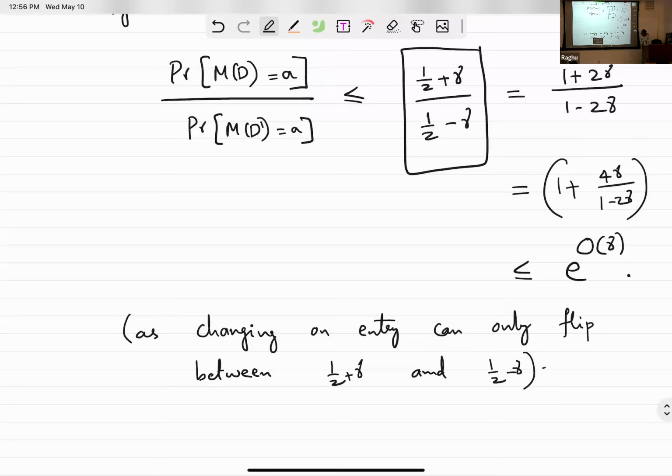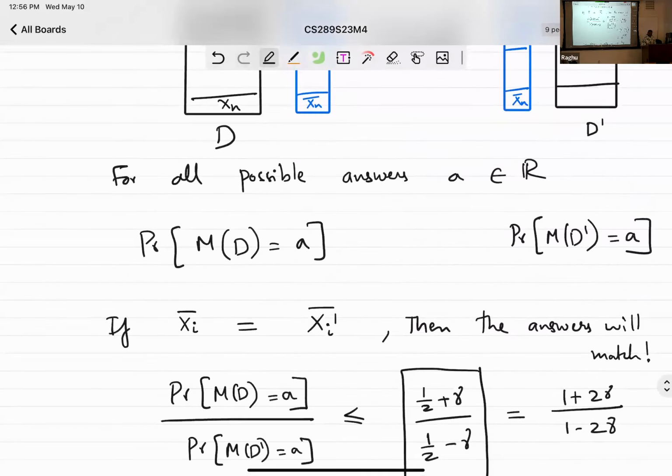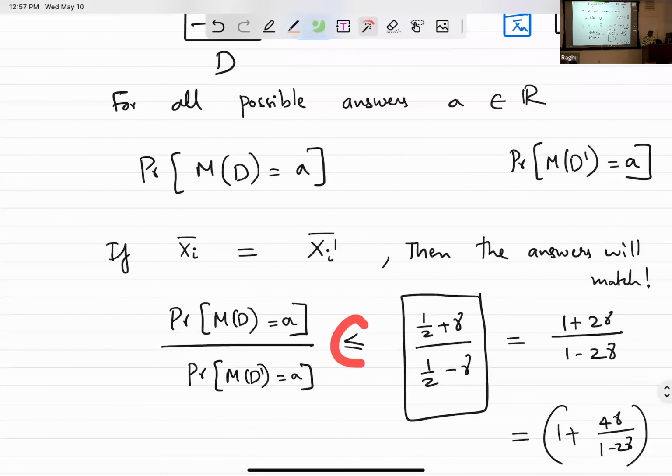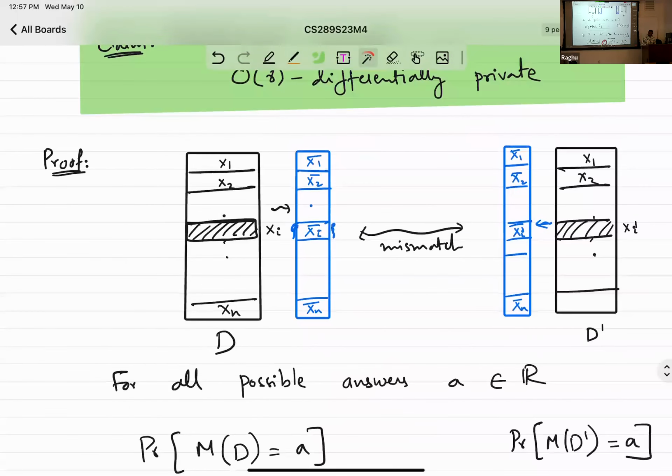The question: doesn't the expected value of m of d and m of d prime also depend on the other coins? Yes, it could depend on all of the other coins. We're not saying this is an exact equality here, right? We're just saying whenever the flips make you match here, these two coordinates match, the answers will match.